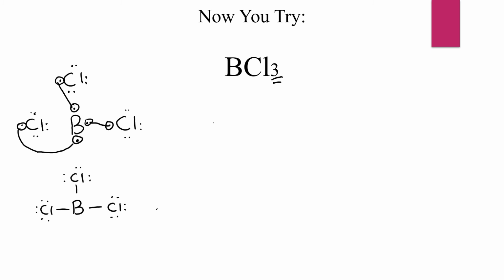So let's analyze. I take a look at my central atom and see how many atoms and lone pairs are attached. I only see 3 atoms, so I'm going to be writing that down. 3 atoms attached, y'all. No lone pairs. I take a look at my notes, y'all. That is trigonal planar.